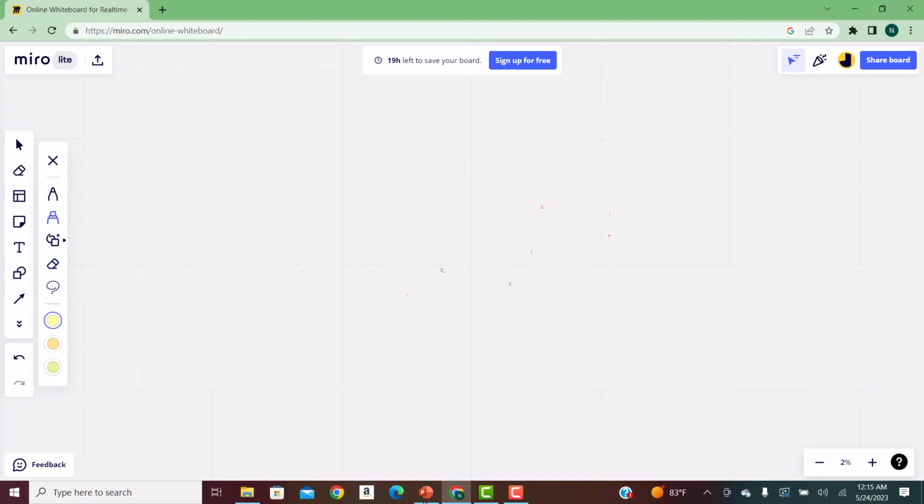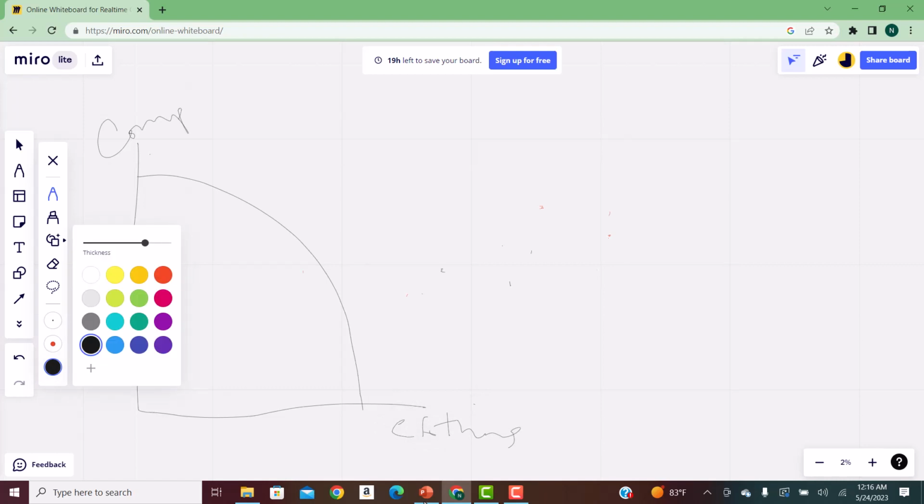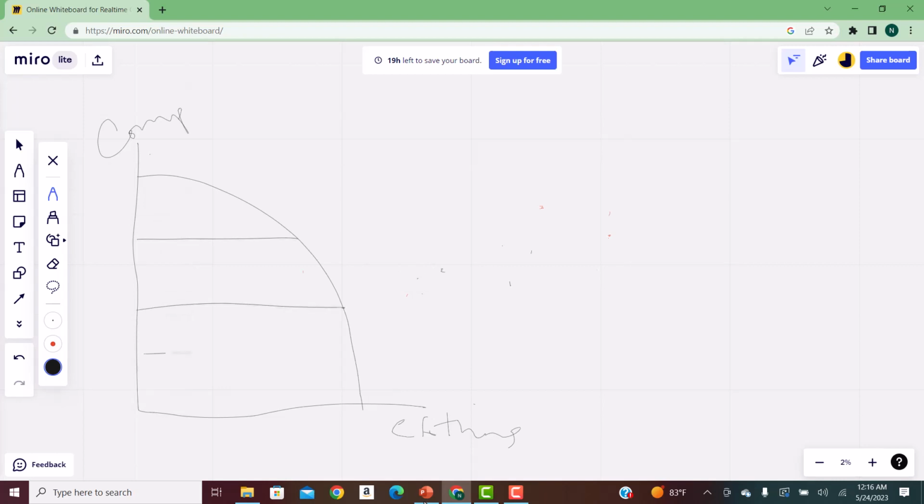Let's say we have computers here, and we have three different points.